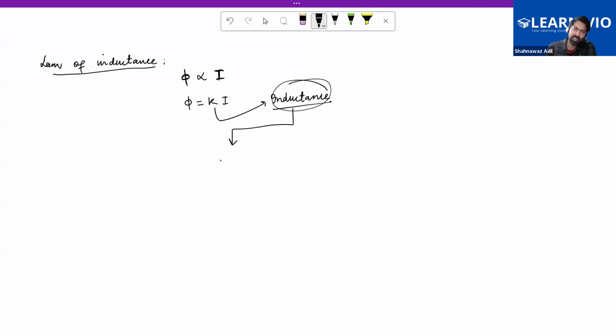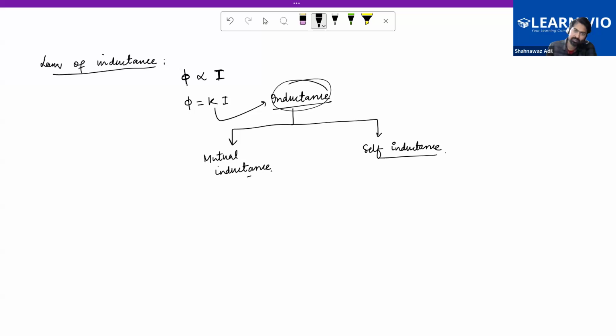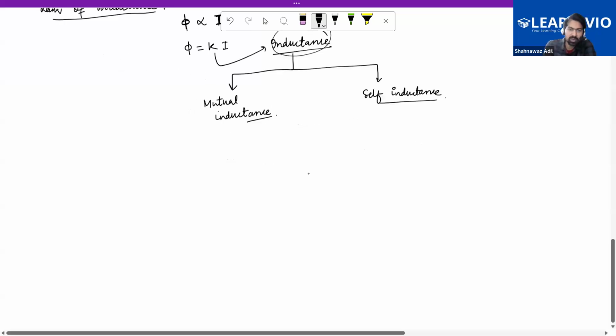And this can be of two types. It can be mutual, whenever you have two coils involved, so this would be mutual inductance, and you can have self inductance as well. So let us talk about mutual inductance.